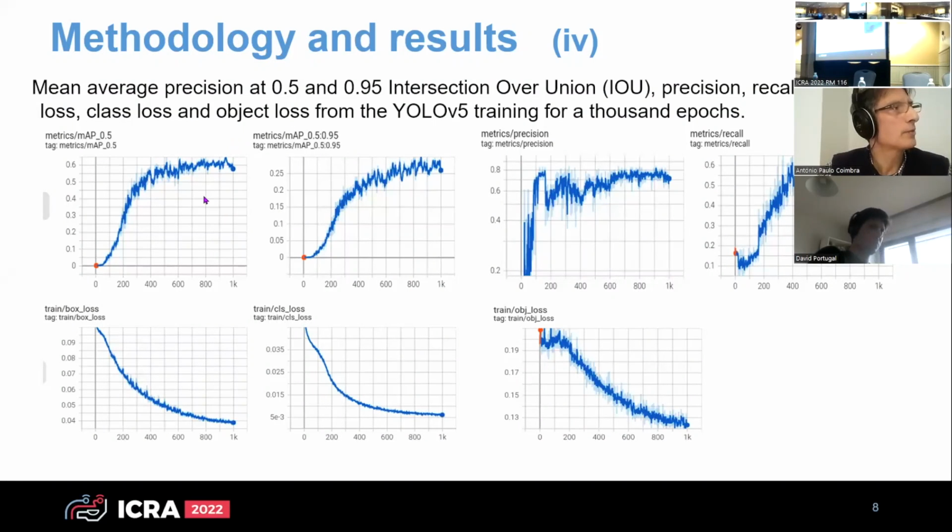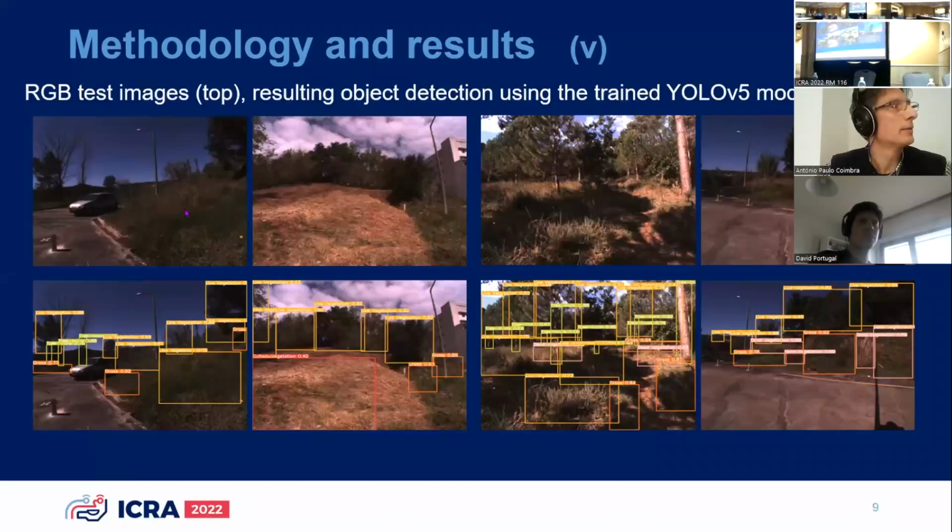These are the metrics during the training, and the mean average precision at 0.5 intersection over union was about 76%, so the training was successful. And these are the results with the same set of images. Here we see the bounding boxes.